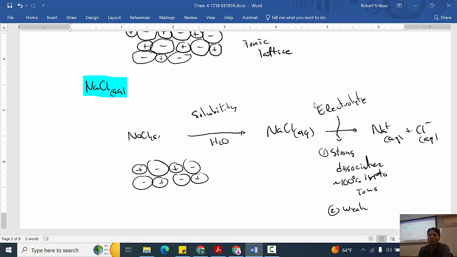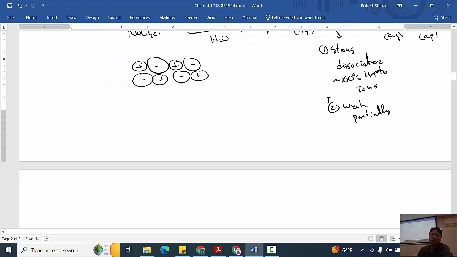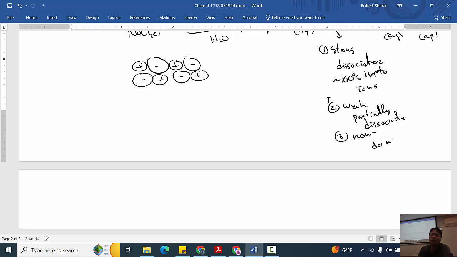We also have weak electrolytes. Weak electrolytes partially dissociate. And third, we have non-electrolytes. Non-electrolytes do not dissociate into ions. So an example of a non-electrolyte would be water.